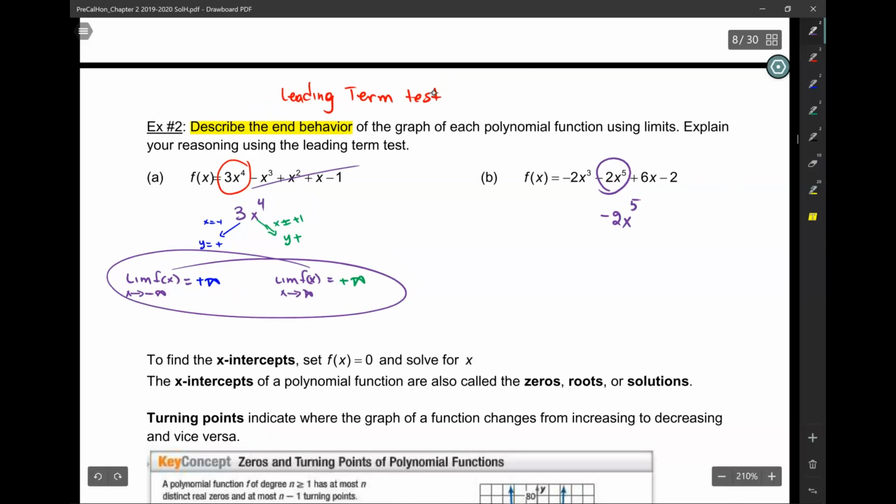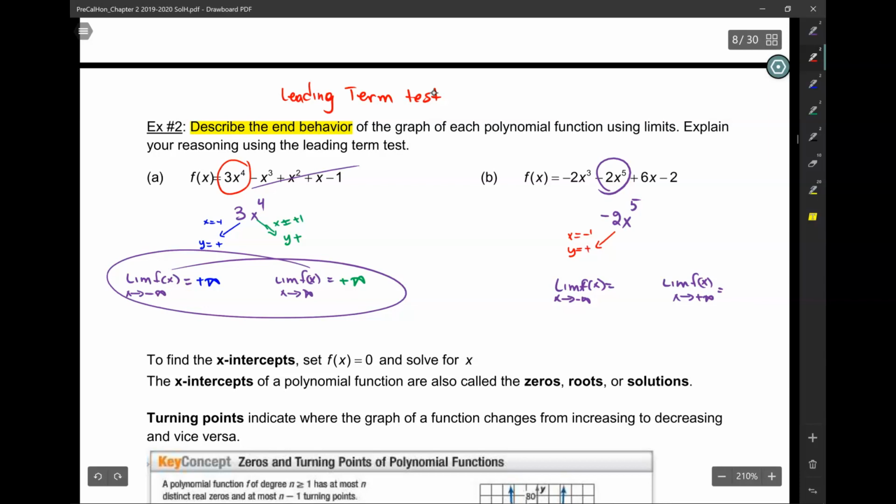Okay, so the limit as x approaches -infinity of f of x, and the limit of f of x as x approaches positive infinity. So when I put a negative number in there, is y positive or negative?